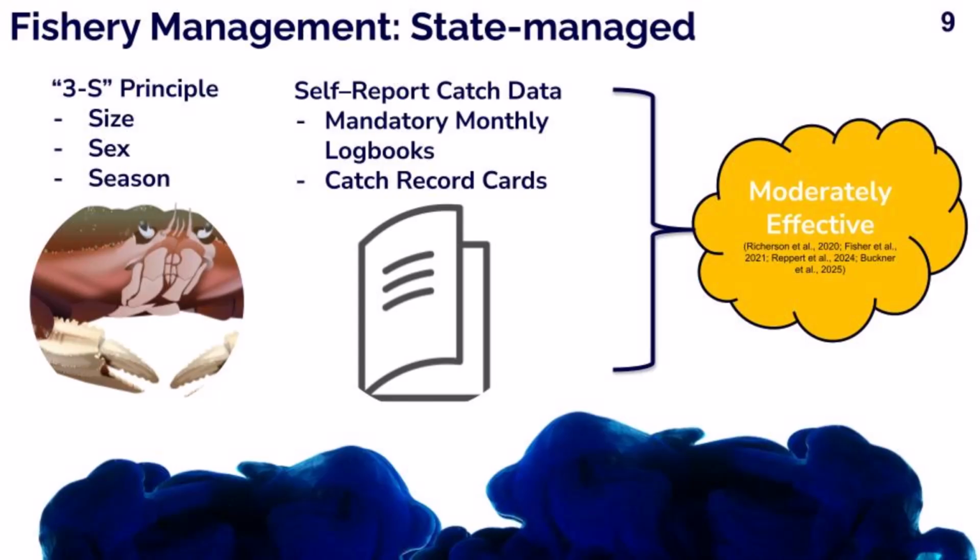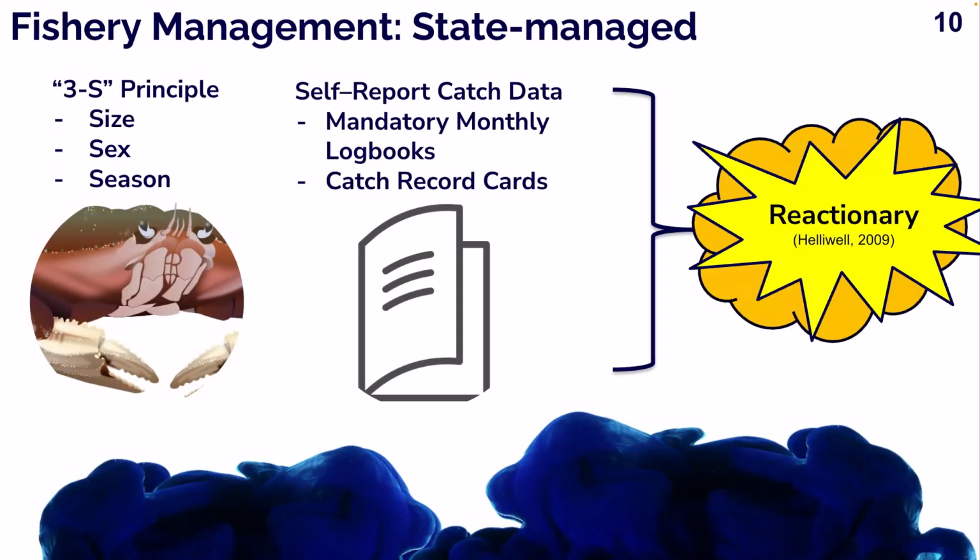While this fishery has been deemed moderately effective, it has also been deemed reactionary in that it is unable to adapt to environmental issues, leading to problems like economic uncertainty and possible unsustainability due to these economic factors as well. The way we currently estimate the abundance of the fishery is through depletion estimators.